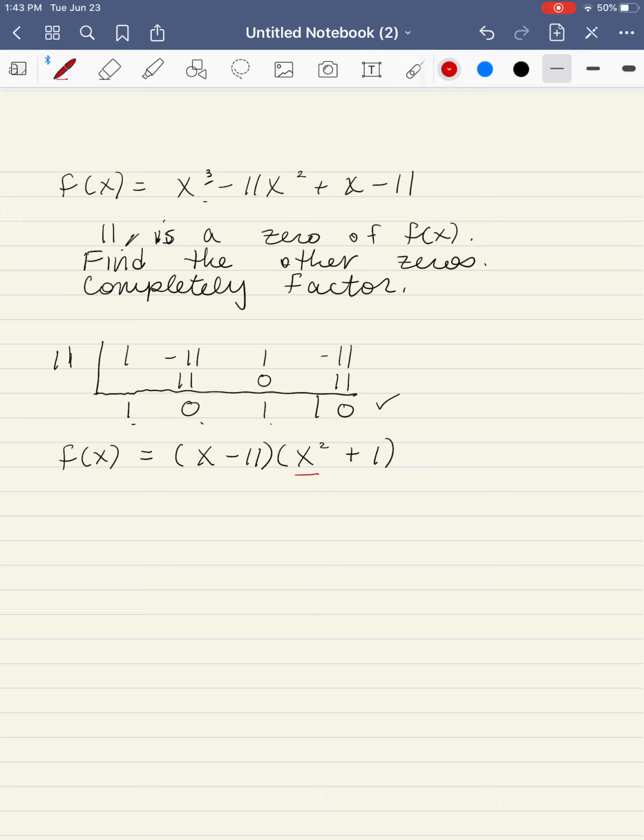This is not completely factored because this is still x squared. To be completely factored, we need x, x, x. X squared plus 1 will not factor. But I can find my other two zeros by taking just this piece, setting it equal to 0 and solving for x.